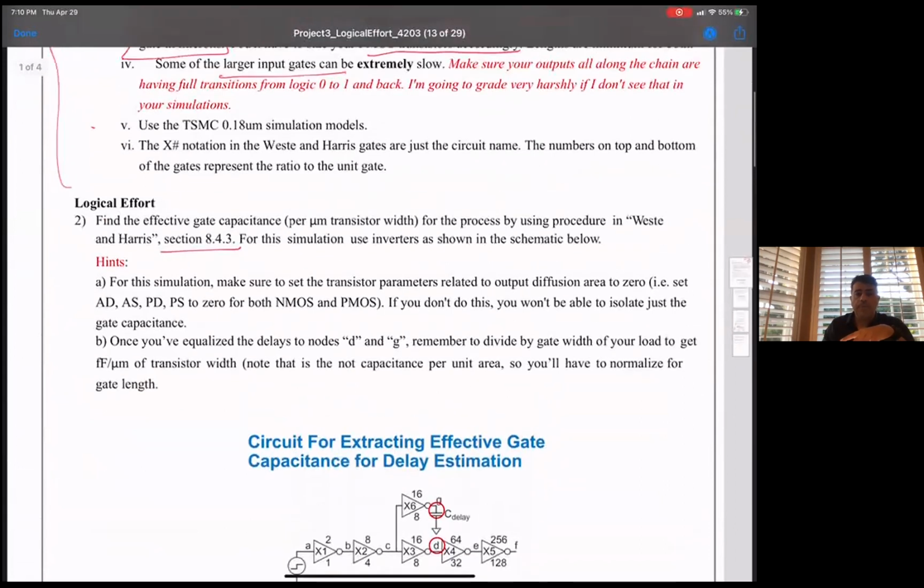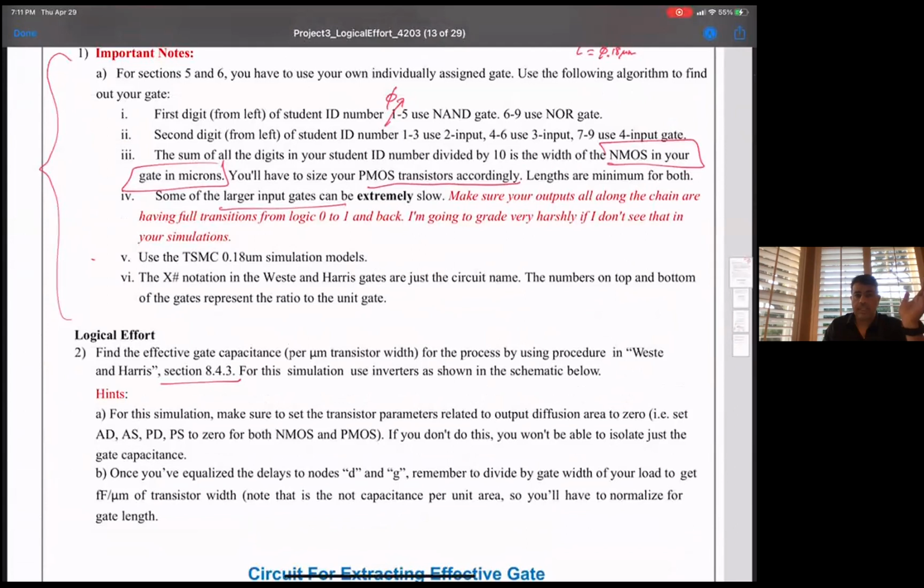Don't just copy that over from the netlist. Make sure you're using the 0.18 micron simulation models.